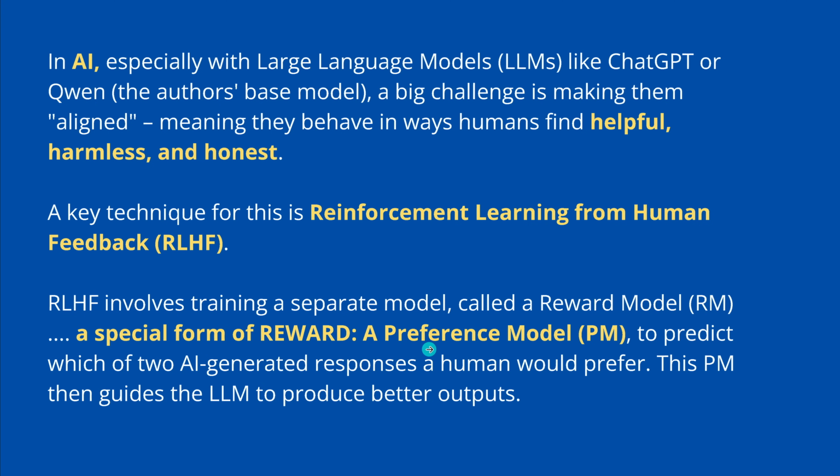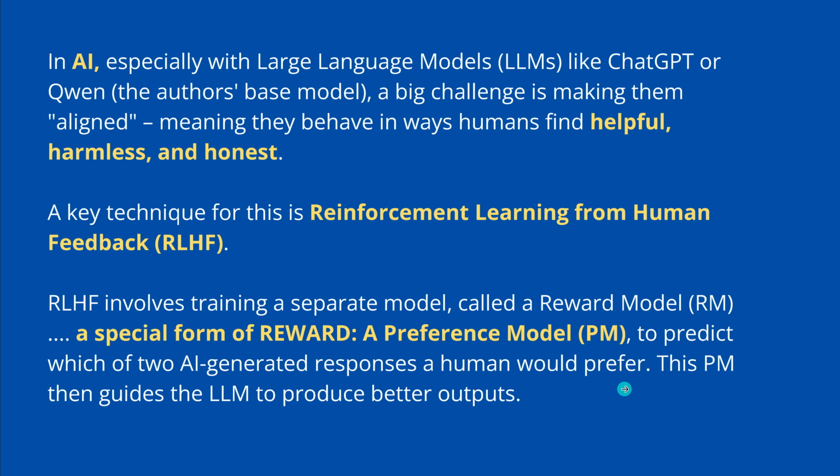Why? Because in the good old days, you had humans sitting down and looking here at preferences. A human had an AI-generated output from answer A or answer B. And then the human said, hey, I have a preference for answer A or a preference for answer B. So therefore a preference model, but it is simply a reward model. Now predict which of the two AI-generated responses a human would prefer.